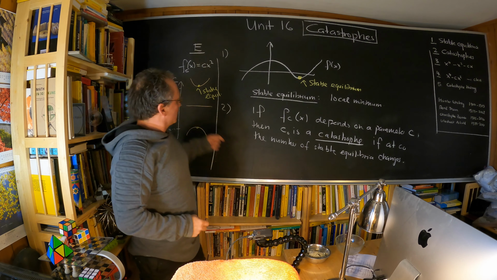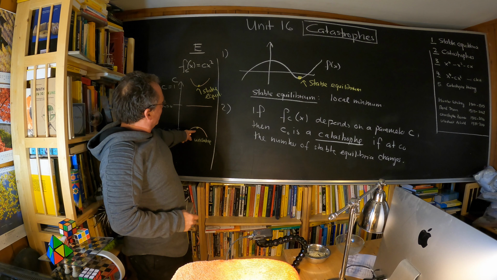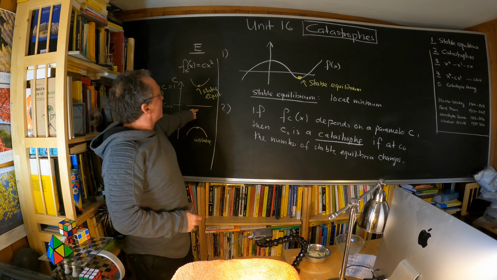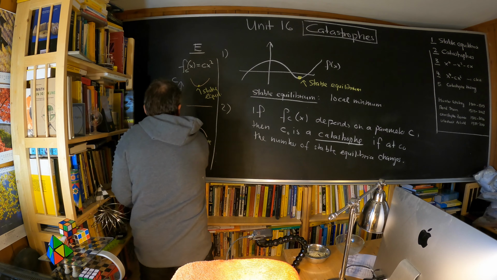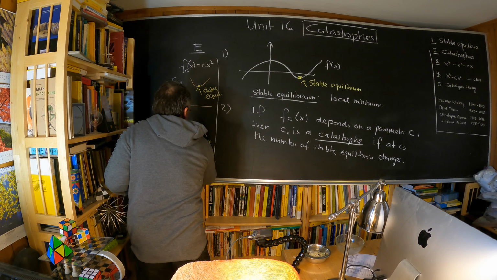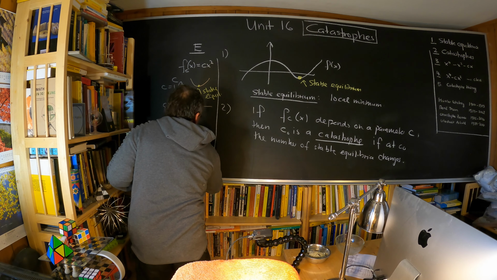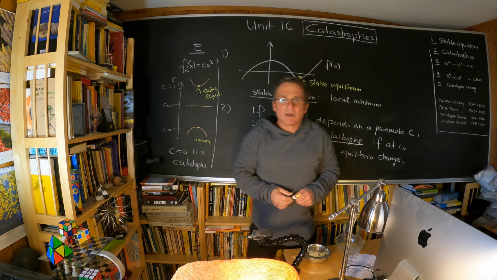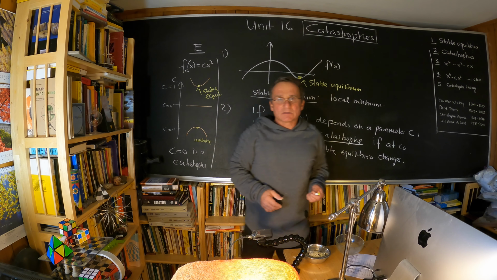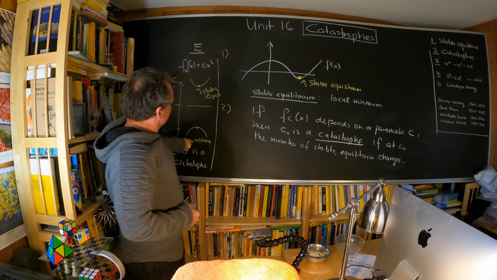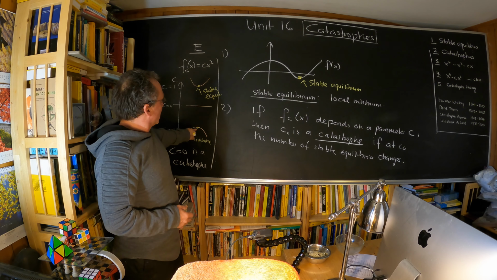So what we have is a change here from unstable to stable. And so we say c is equal to 0 is a catastrophe. So that's the story. We will also then draw the critical points.